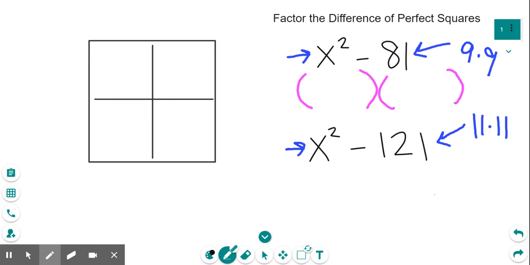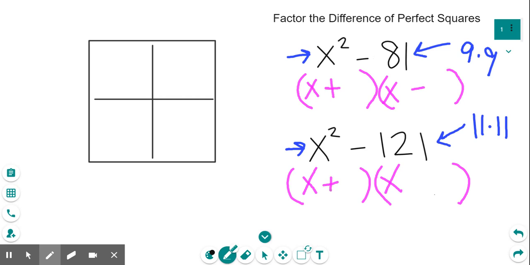So again, we put an X here and an X there, and I'm just going to do this one at the same time to show you how easy this is. So I'm going to put X here and X here. Now, again, the middle term is missing, and because the middle term is missing, we know it has to be 0. So we're going to have a plus and a minus because the two middle terms have to knock each other out.